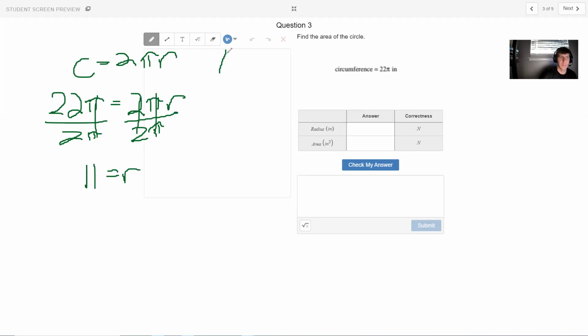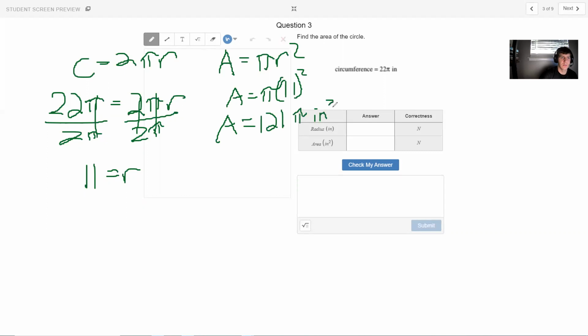And then we can substitute that into our area formula, which is pi r squared. So area equals pi times 11 squared, which is 121. So 121 pi inches squared would be our area.